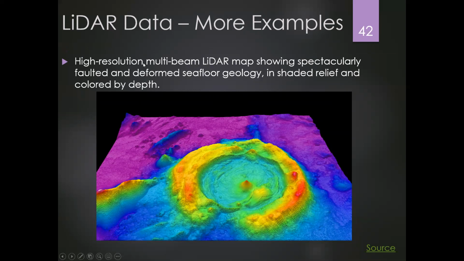This is a high-resolution multi-beam LiDAR map showing spectacularly faulted and deformed seafloor geology. This is a crater, right? This is the center of the crater. This is the circle of the crater.